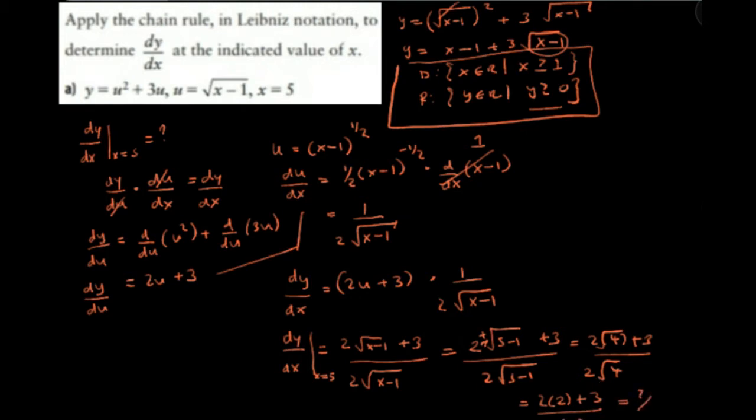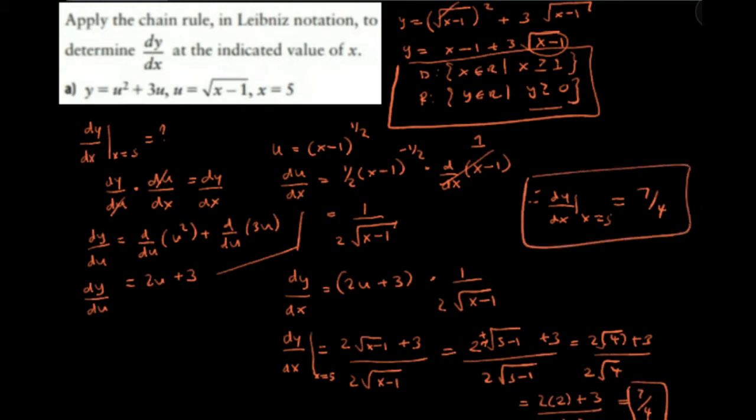And you get 7 over 4. So that is your slope. Therefore, dy over dx when x is equal to 5 is equal to 7 over 4. Because of the restriction on the range and the domain, y has to be greater than or equal to 0 and x has to be greater than or equal to 1. Because of that, you can only have the positive value of the square roots here. Okay, so that's our answer.